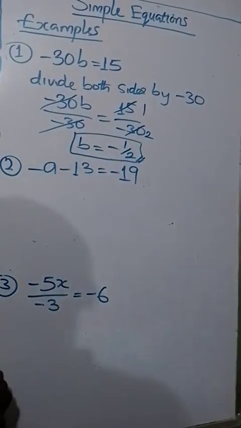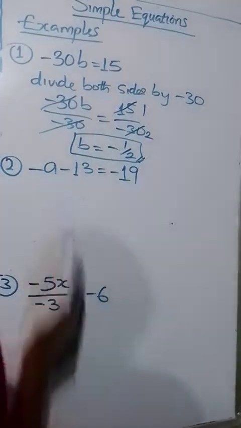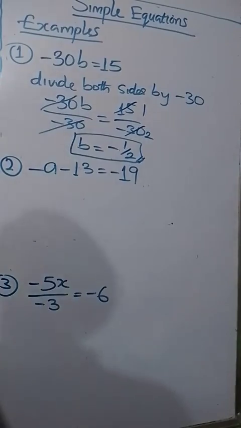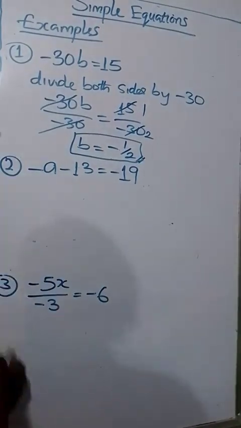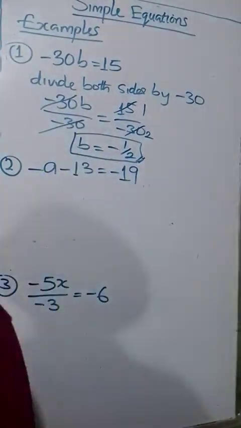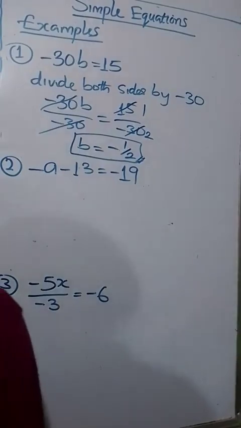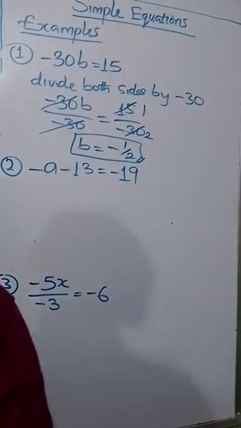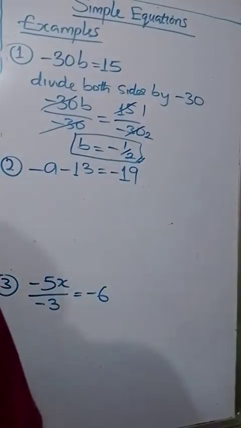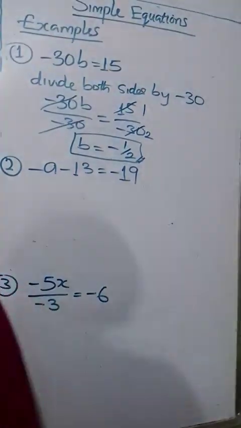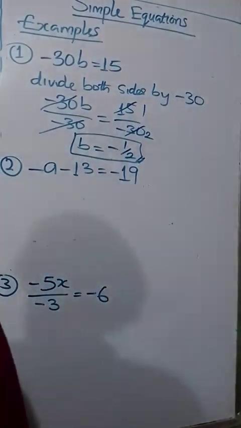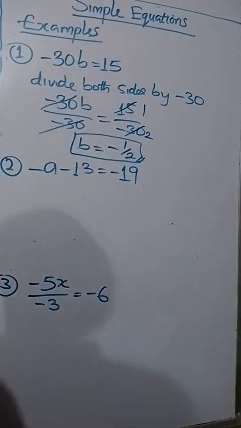Second question, we are looking for a. We are solving for a. It's an equation. So remember, like I shared with you, in every algebra equation, there are 5 things we want to do.